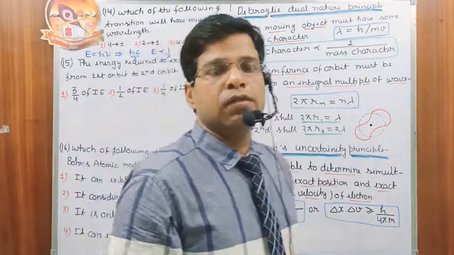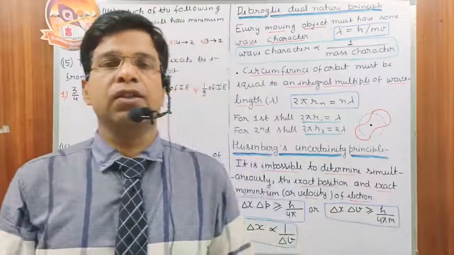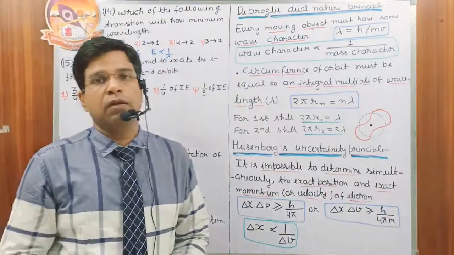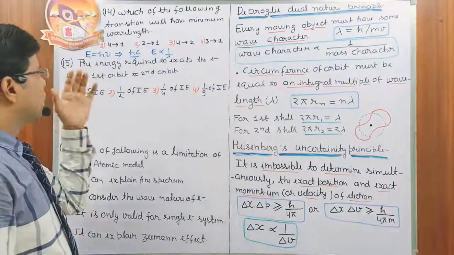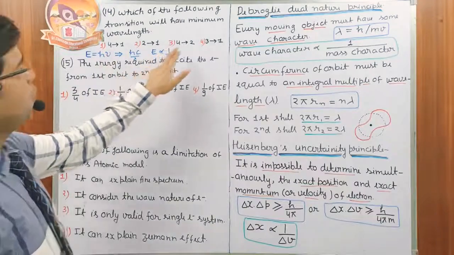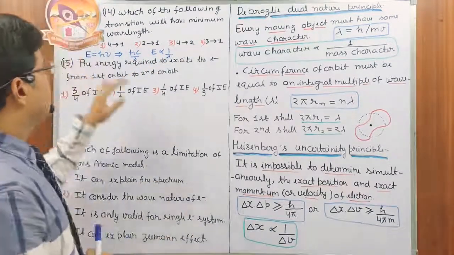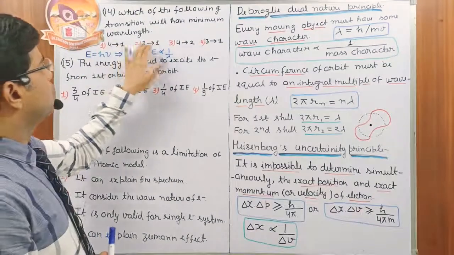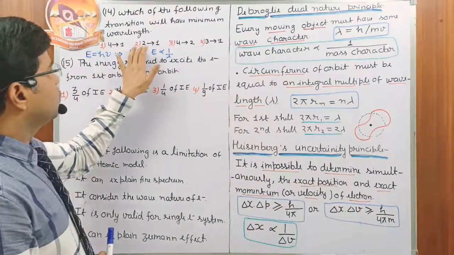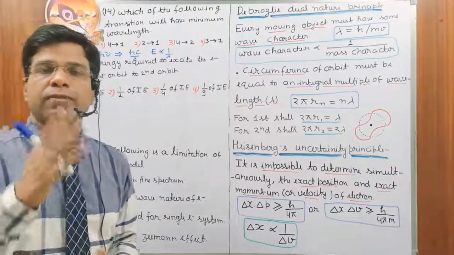The transition which has the maximum energy release must have the minimum wavelength. Look, 4 to 2 releases energy in the visible range, it is the Balmer series. But 4 to 1, 2 to 1, 3 to 1 release energy in the ultraviolet region, which is maximum.